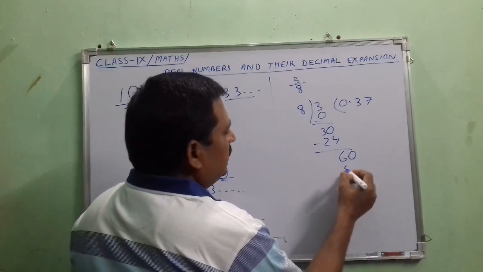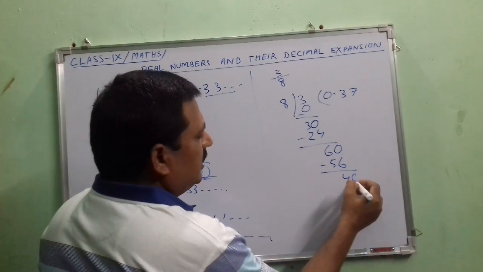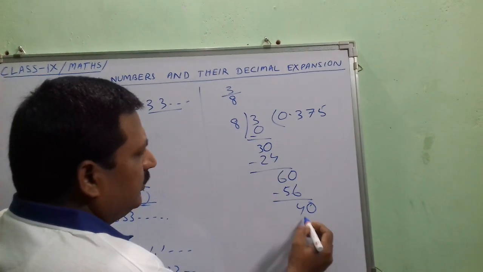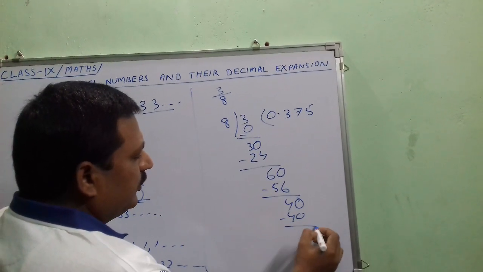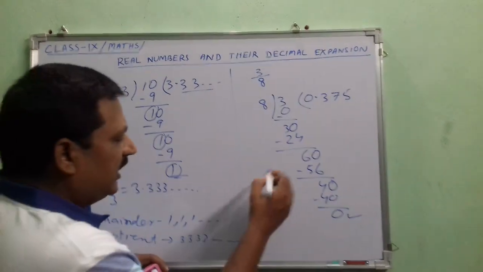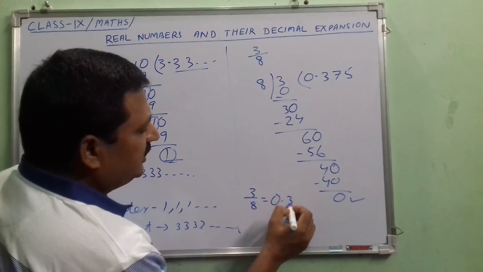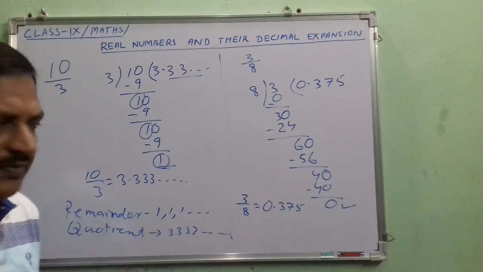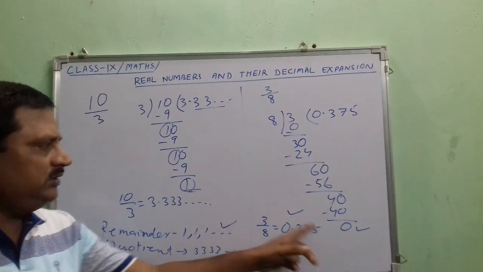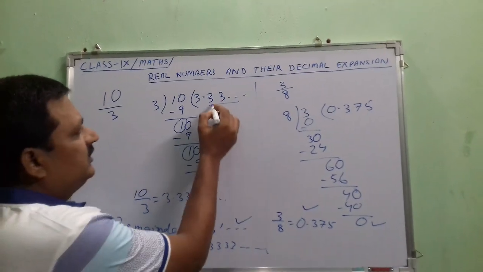So at 7 you have 56 and remainder becomes 4. Now again if I take 0, then here we can take 5, so 8 5 40. So here you see remainder becomes 0 finally and the answer you got is 3 by 8 equal to 0.375.